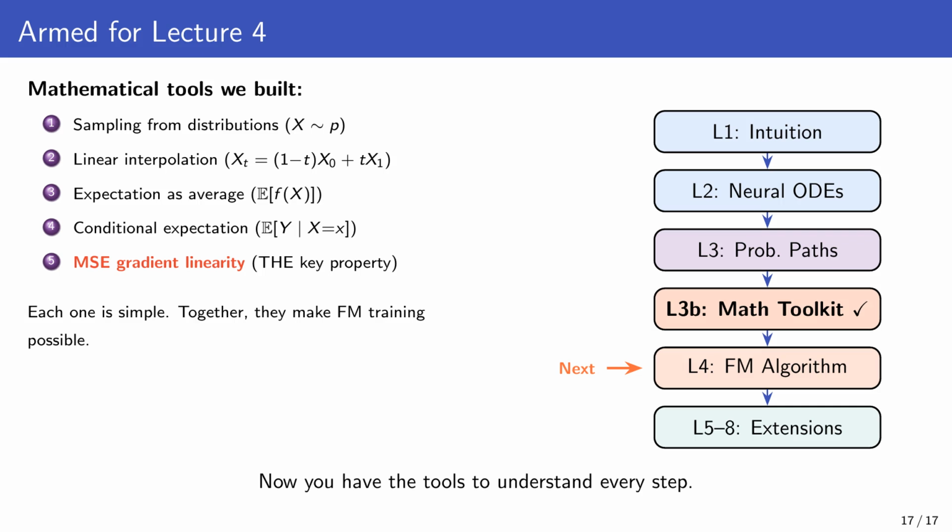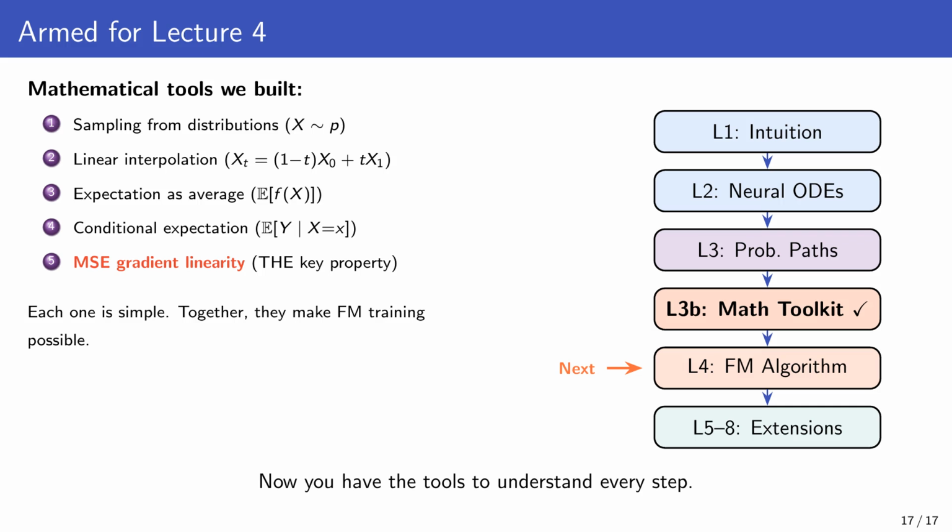Expectation, the average over randomness, computed in practice via torch.randn. Conditional expectation, the best prediction given partial information, which is exactly what the velocity network learns. And most importantly, the gradient linearity of MSE, the algebraic identity that lets us replace an intractable average target with easy individual targets.